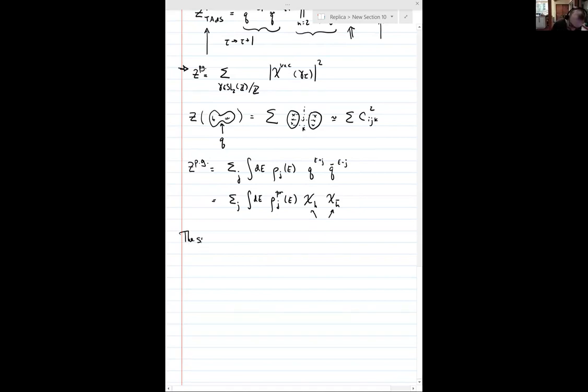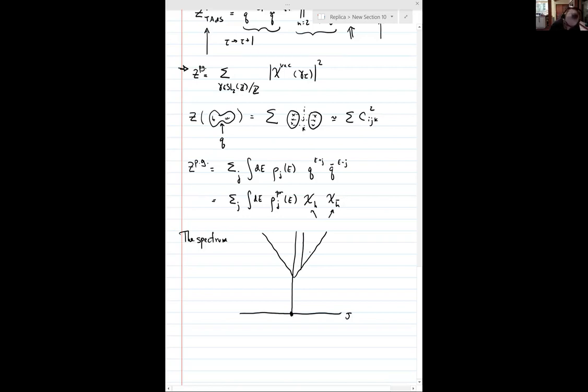So this is then our candidate spectrum for a theory of pure gravity. Well, let me just write down the spectrum of primaries. It looks very similar to the candidate spectrum that I described to you earlier.